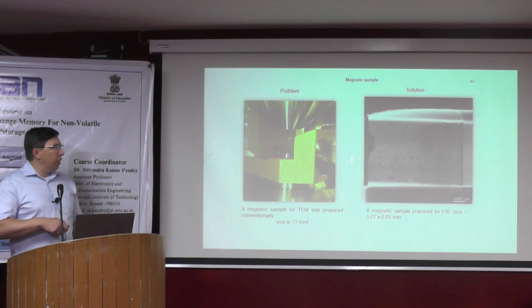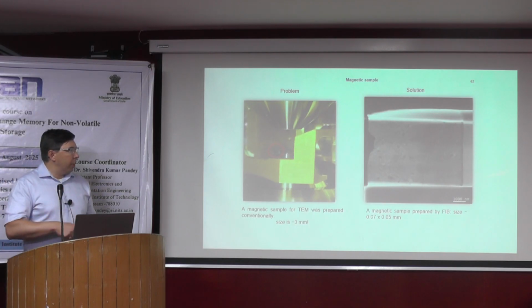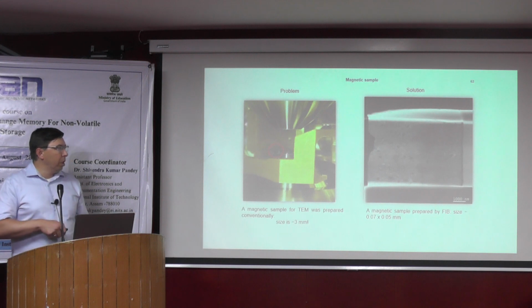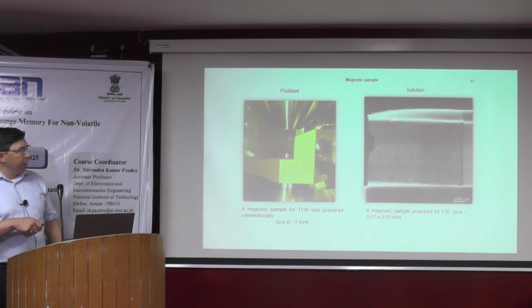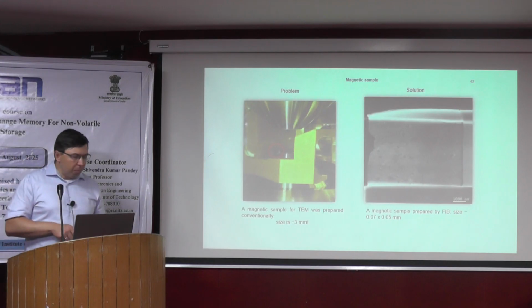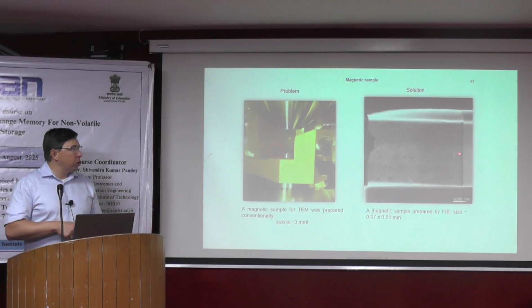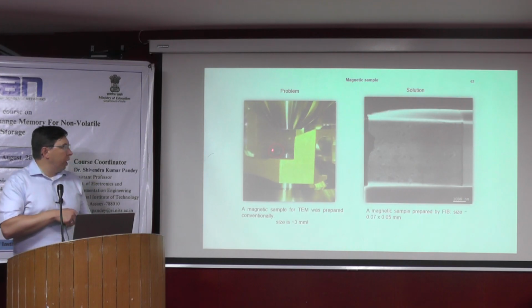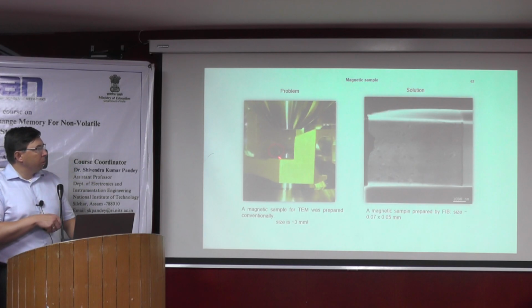In the case of FIB, because you reduce the size and volume of your material, you will not have such trouble. Maybe sometimes some grains can jump from the sample, but you don't need to clean your whole piece.